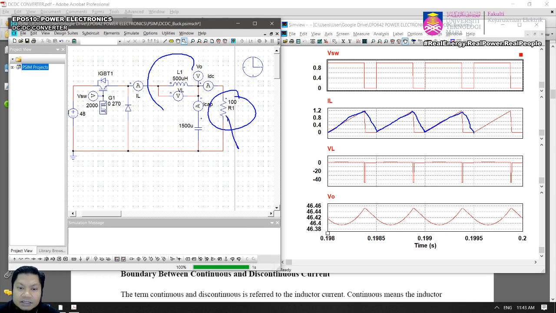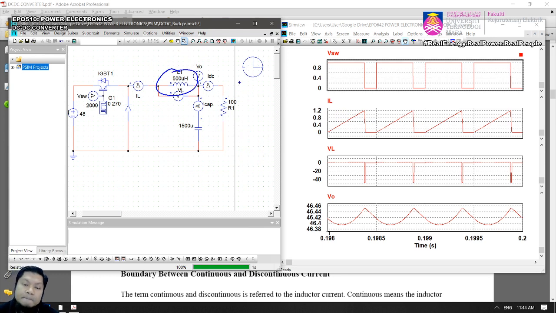So R, or the output current, is one of the variable parameters that determine the boundary between continuous and discontinuous. And actually there is another one, which is the inductor. The size of the inductor also determines the boundary between continuous and discontinuous. So we're going to look at these two, and how to design them so that we get the boundary condition.